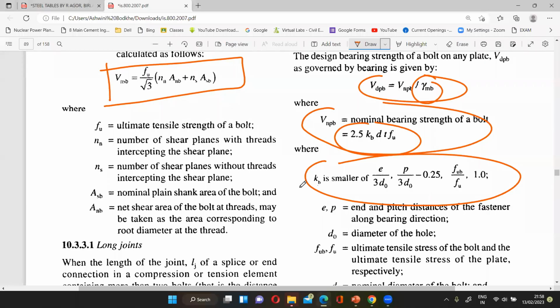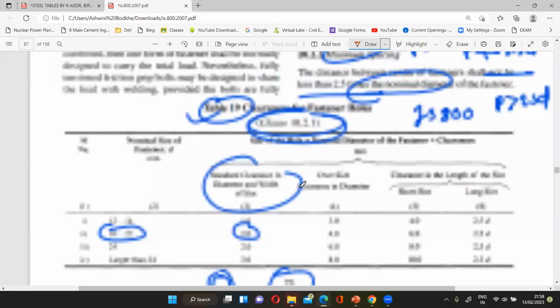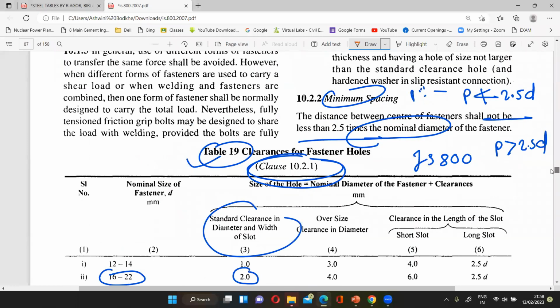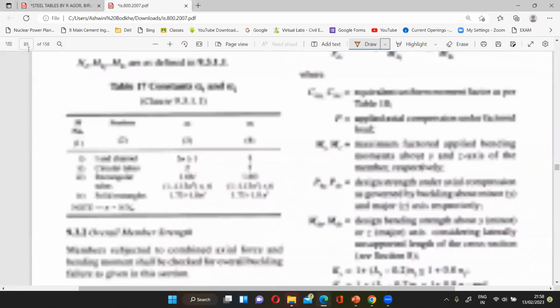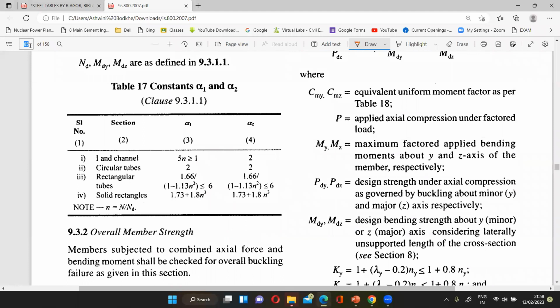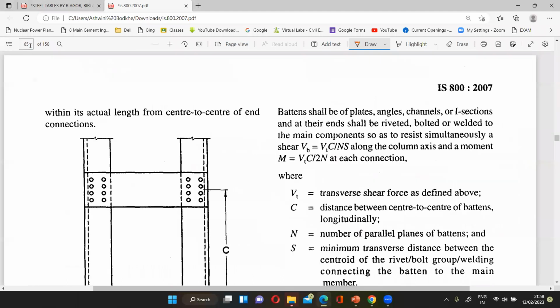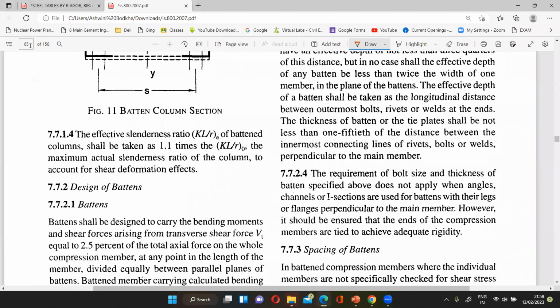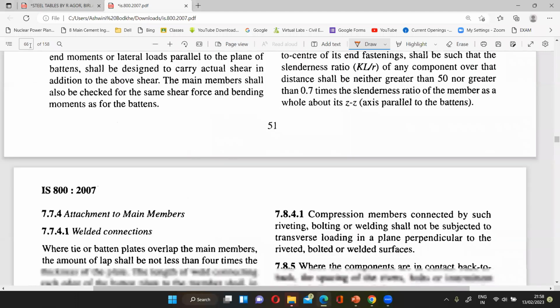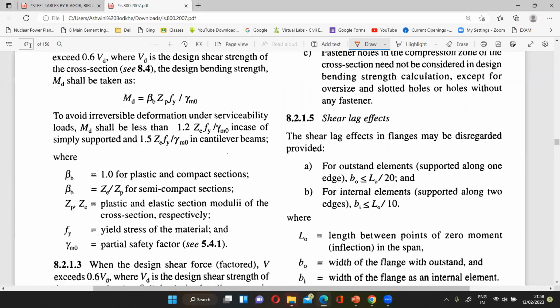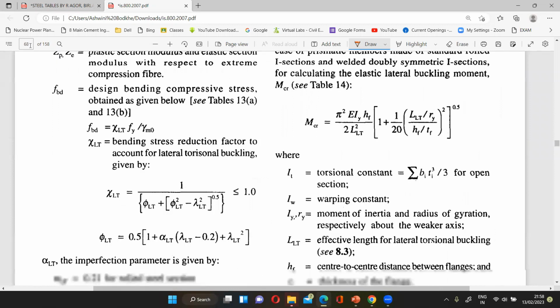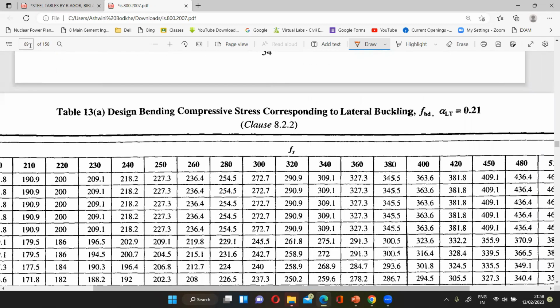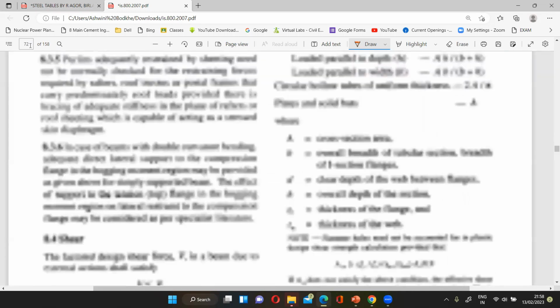Back to the IS code, IS 800. Page number 59 of the IS code, not page number 59 of the PDF.